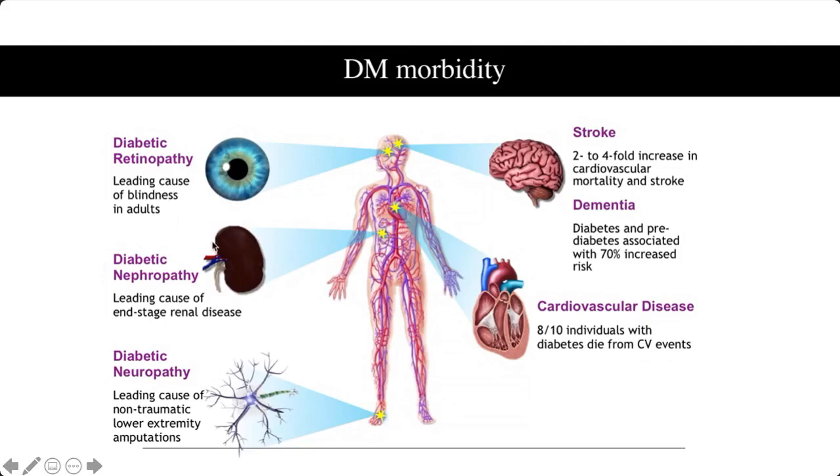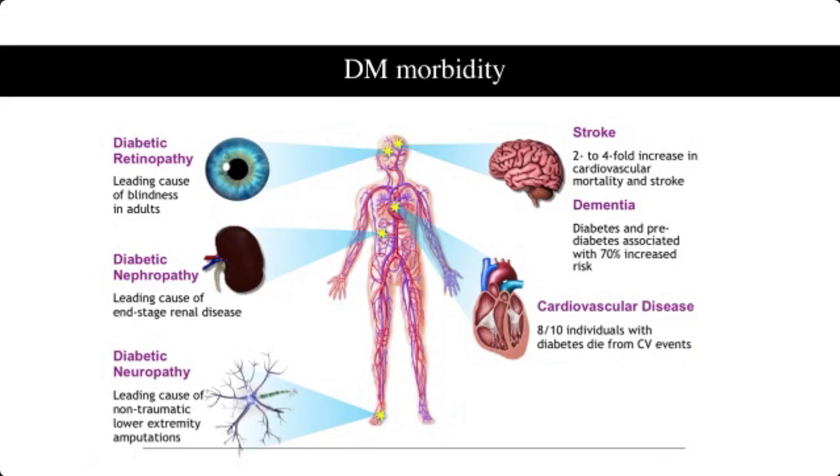Nephropathy is the leading cause why people go to dialysis in our country and worldwide, together with hypertension. Neuropathy contributes mainly to limb amputation, and every 20 seconds a limb is amputated due to diabetes worldwide. These are the morbidities of diabetes.